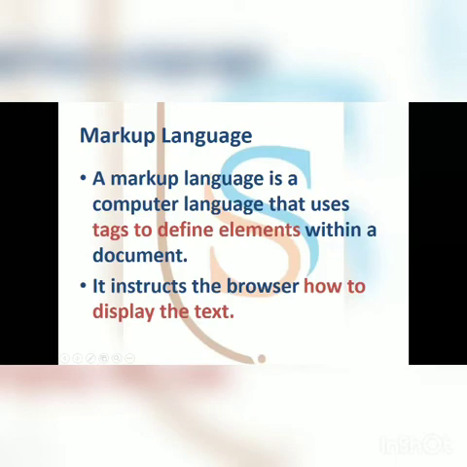Same like that, for making a web page, we use tags. We use tags because they can be understood by our web browser. These tags instruct the browser how to display the text.